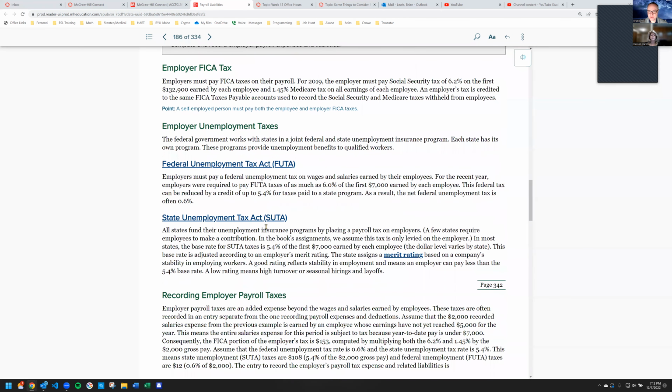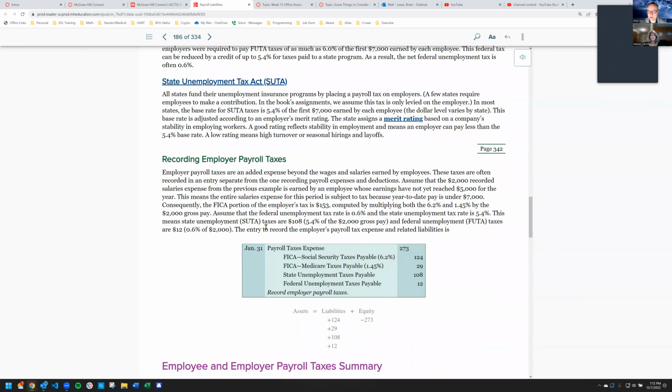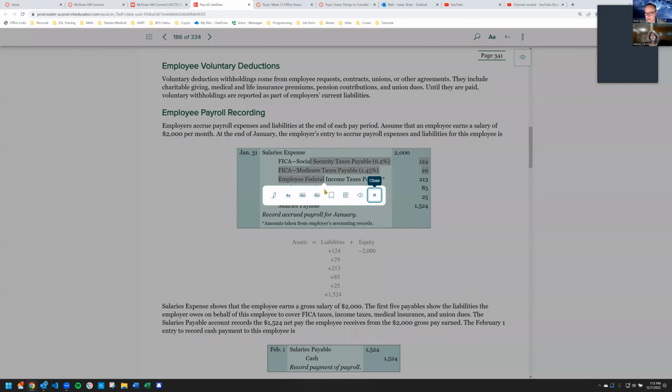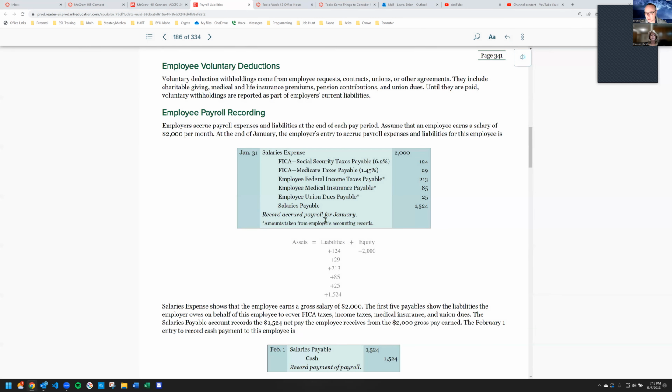And this goes through those individual taxes. Oh, this is the employer side. So this is the employee side of the transaction. Usually there's an employer component to each of these taxes, mostly on the FICA and the FUTA.